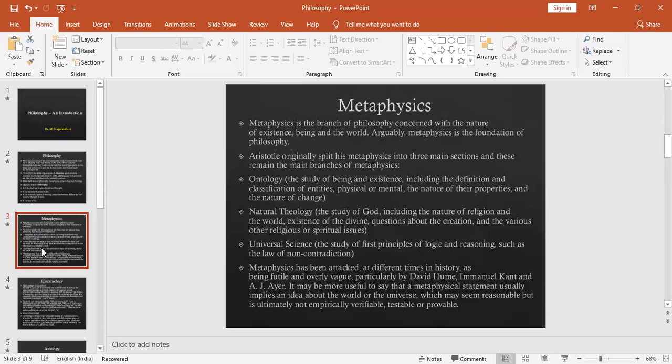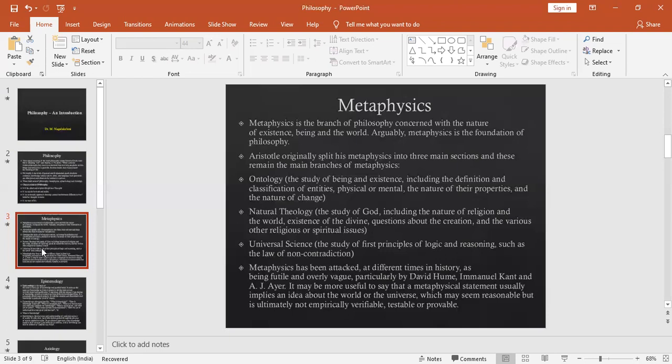So when we see philosophy, we have three main areas. What are those? Metaphysics, epistemology, and axiology. When we take metaphysics, again, it has three main sections. What are those? Ontology, natural theology, and universal science.